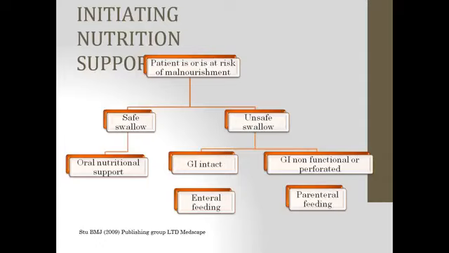If the patient swallows safely, the nutritional support should be given orally, and if the patient is unable to swallow, if the GIT is intact or normal, we have to give priority to enteral feeding. But if the patient is unable to take food through the GIT, we have to give parenteral feeding.